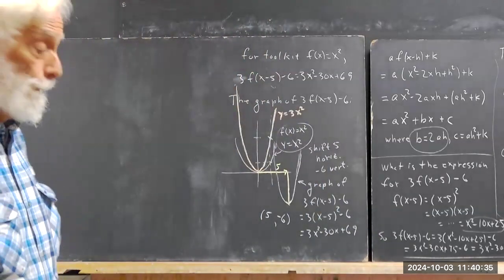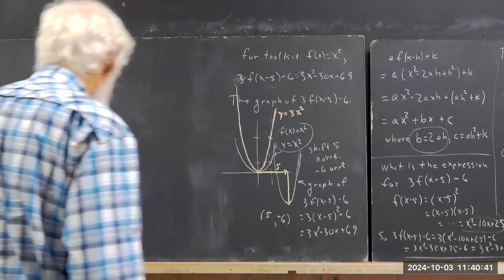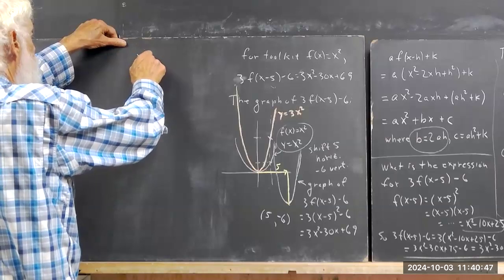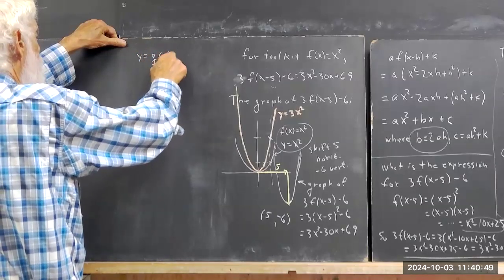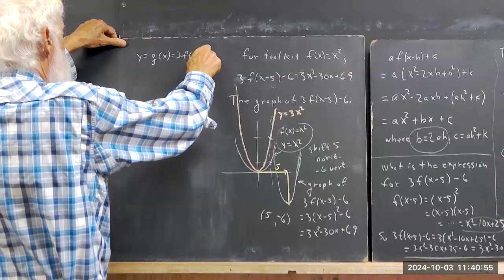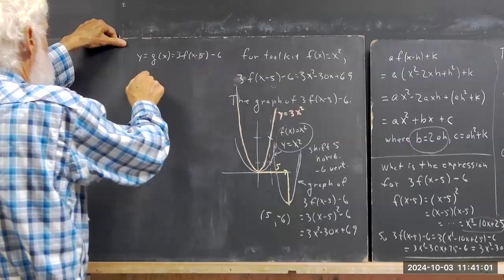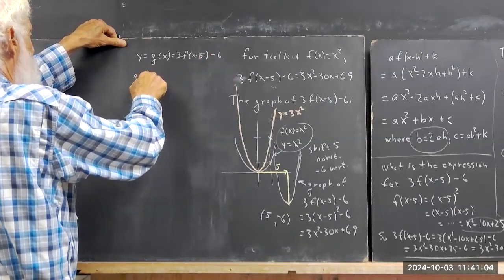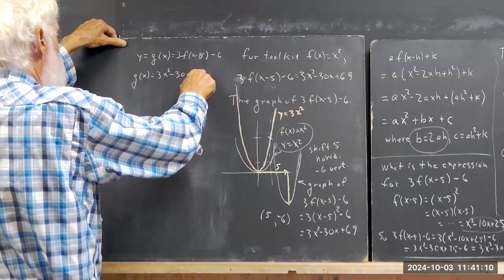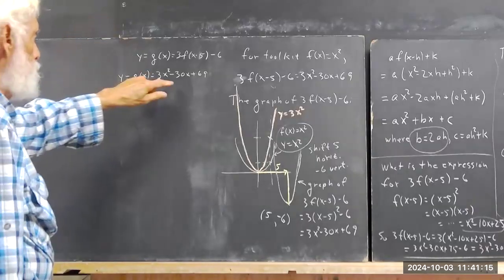Okay. Now, what if you just have 3x squared minus 30x plus 69? What if you just knew this?